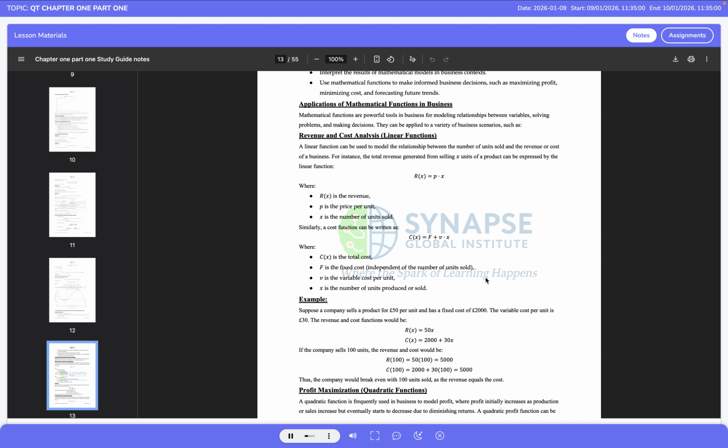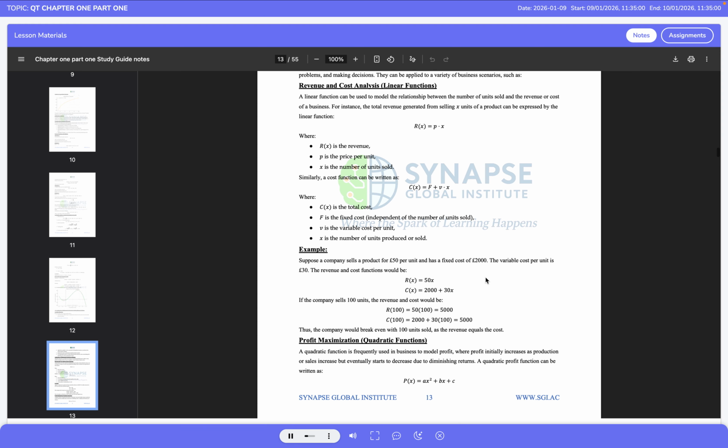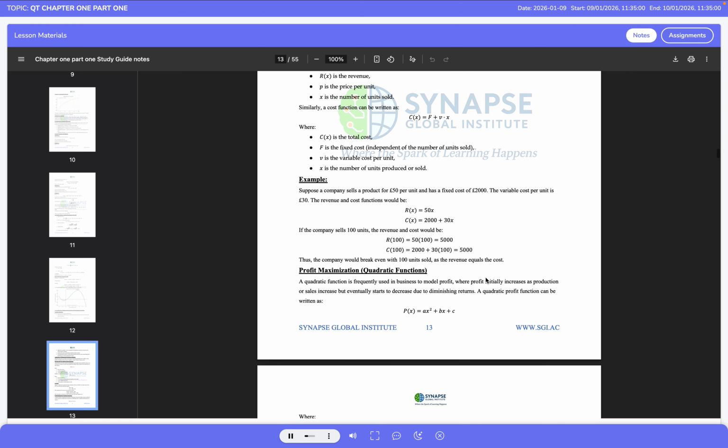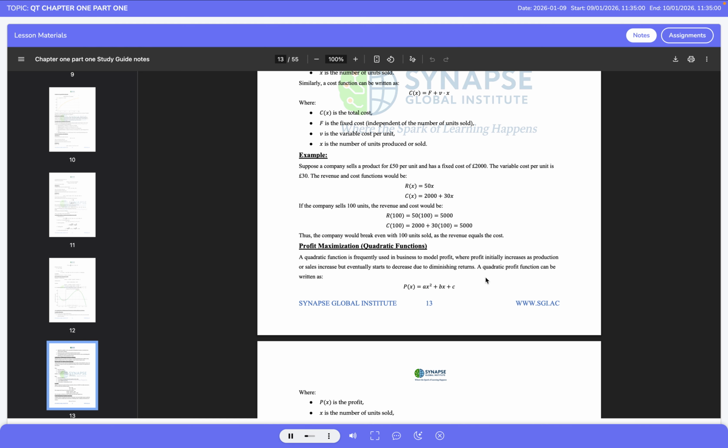produced or sold. To see how this works in practice, consider a company that sells a product for £50 per unit, has a fixed cost of £2,000, and a variable cost of £30 per unit. The revenue function is R(x) = 50x, and the cost function is C(x) = 2000 + 30x.